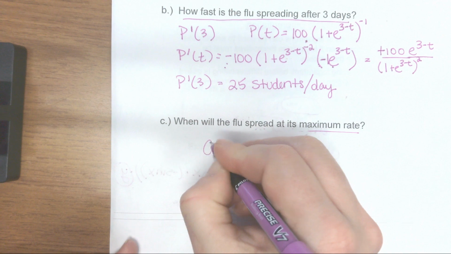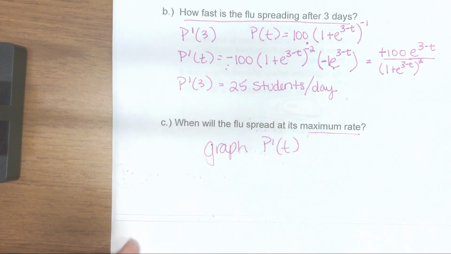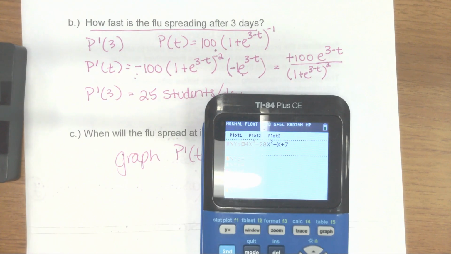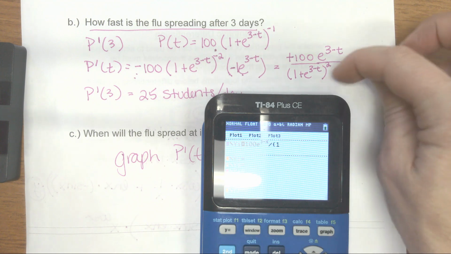So we're going to graph P prime and take a look. So we're going to just use X. Hey, make sure when you're doing division that you put this in parentheses.